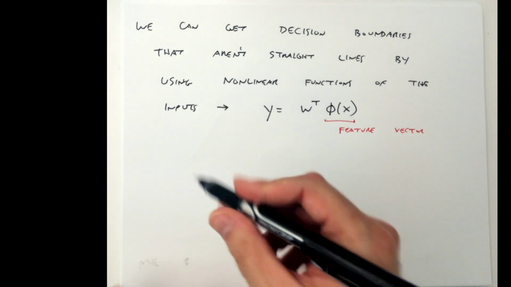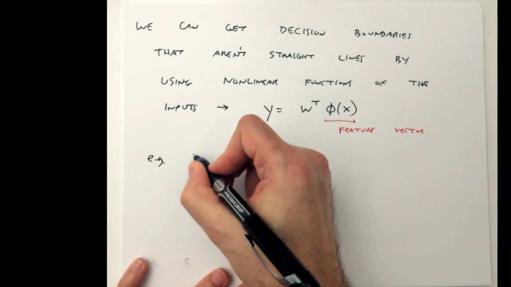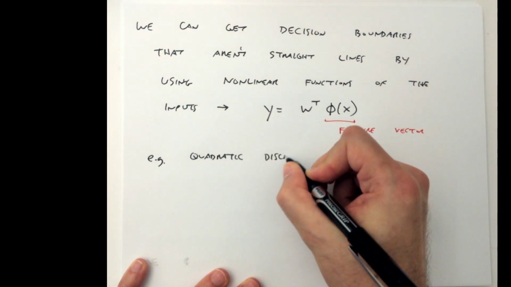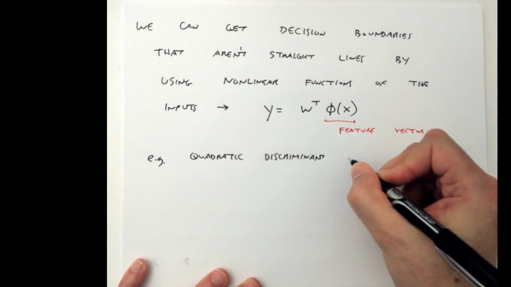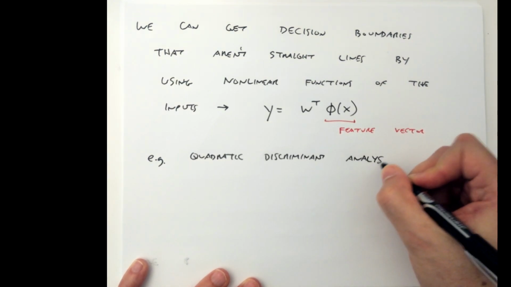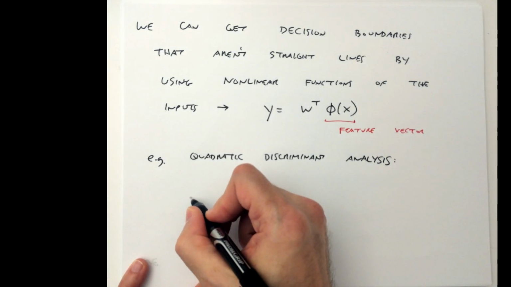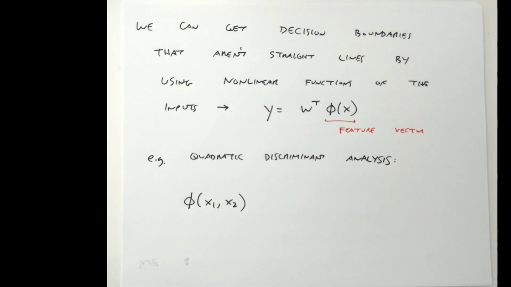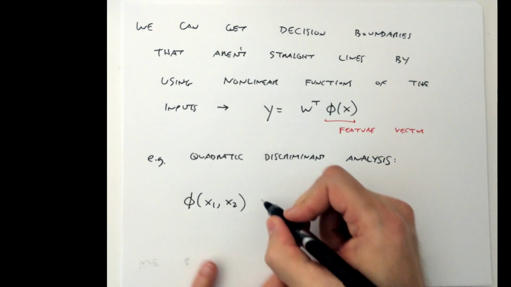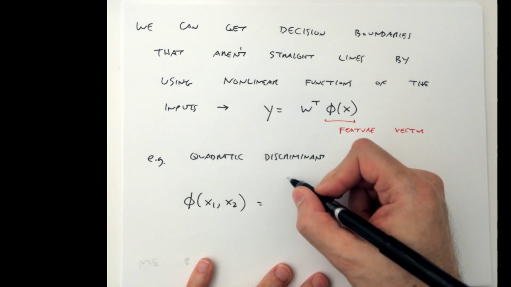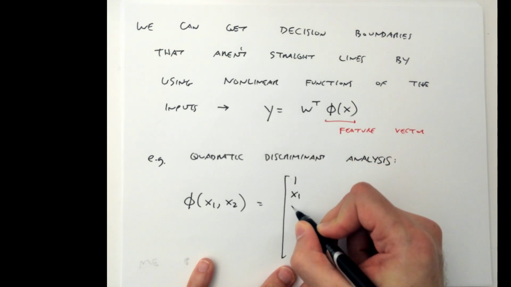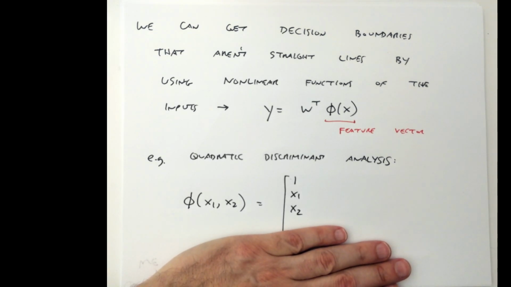So for example, what I could do is what's called quadratic discriminant analysis. Which is like saying my phi, say I'm doing this in 2D, right? So if I had x1, x2 in the plane, I could make a function that is basically, if all I had was this, and I was looking at W transpose times this, that would just be the same hyperplane I had before.